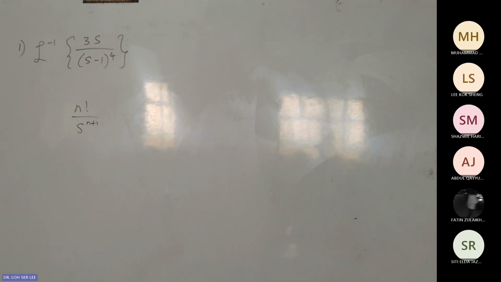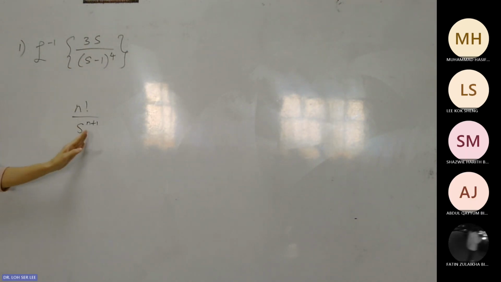For the rest of the functions, they are not suitable, right? Power of 4, this is the most suitable one. But according to this, you have only s. You do not have s plus a or s minus a. So we want to get rid of the minus 1, then only you can proceed to use this. You get what I mean?